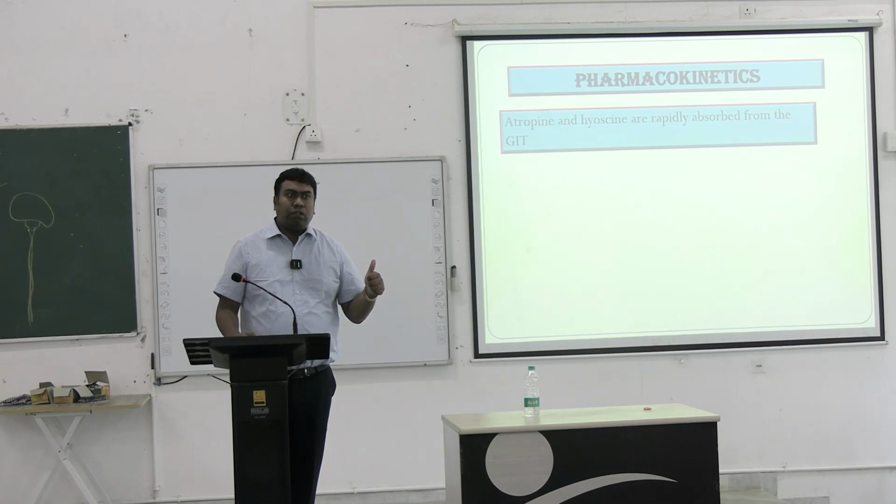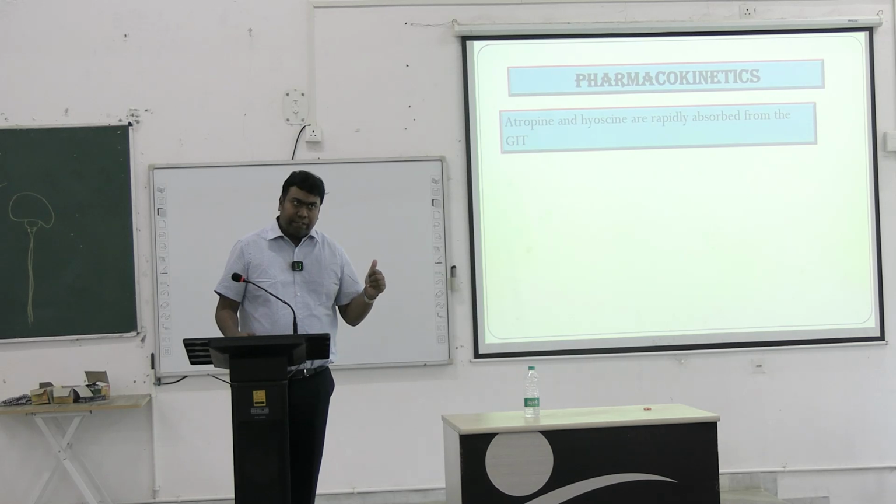Organophosphate poisoning. Very good. Anything else? IV atropine is used in organophosphorus poisoning, and if there is sinus bradycardia, there we give atropine intravenously.